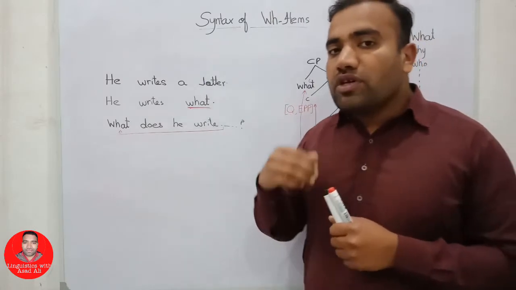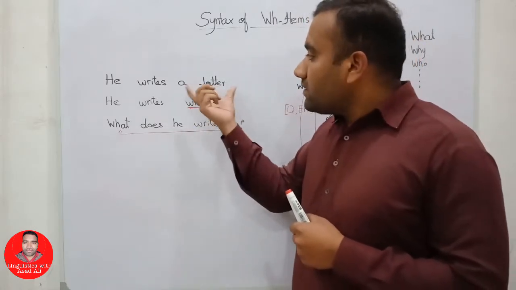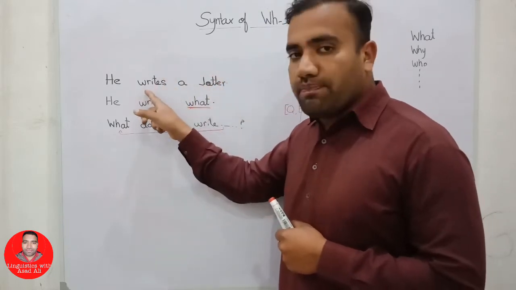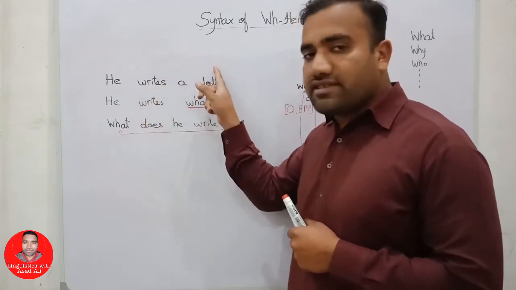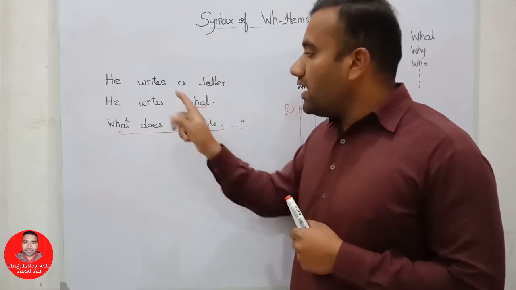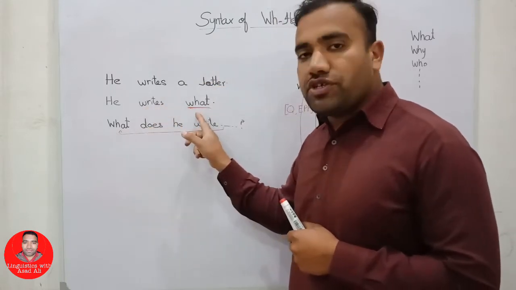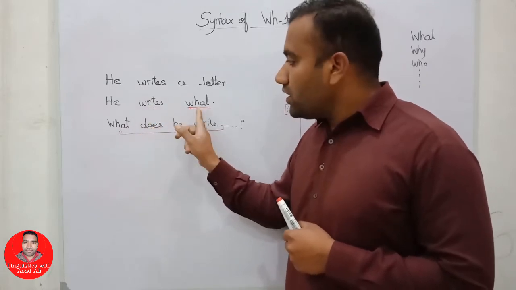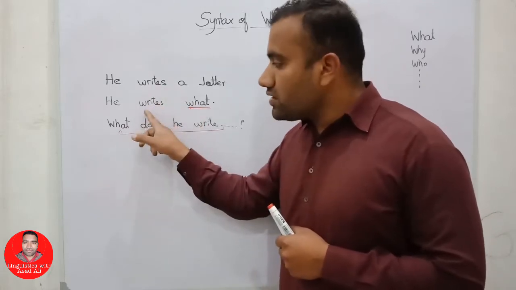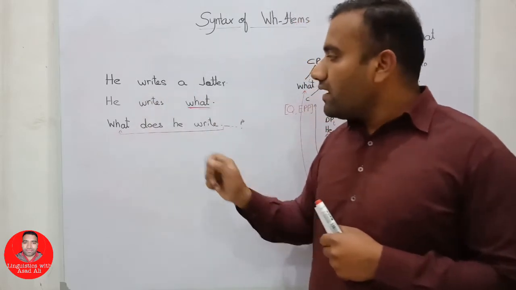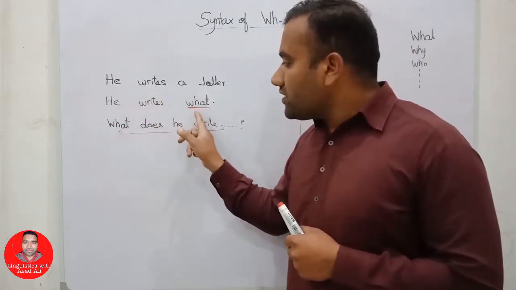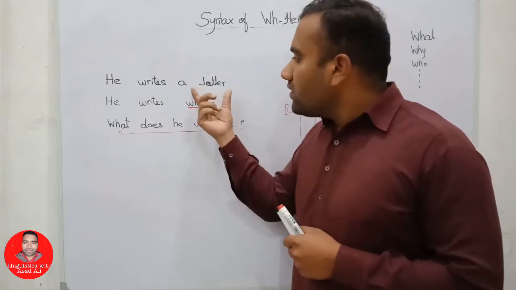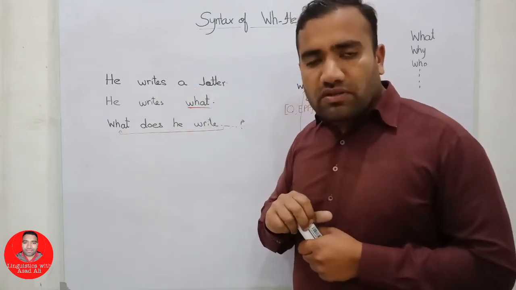The same here: this is the placement of the complement, the complement of V, because V selects a DP as a complement, and at this position we can say that what is the complement of V, because what is performing the same function as a letter is performing.